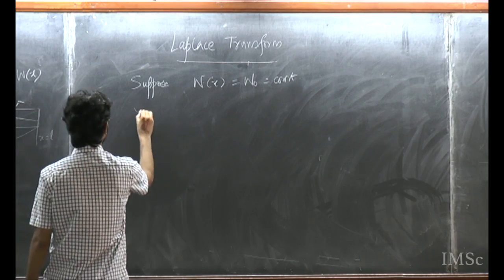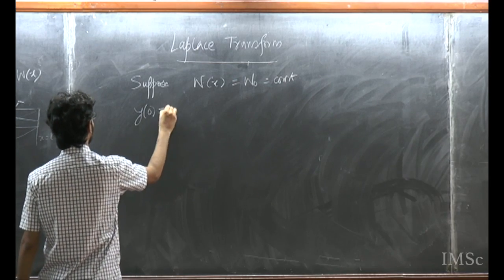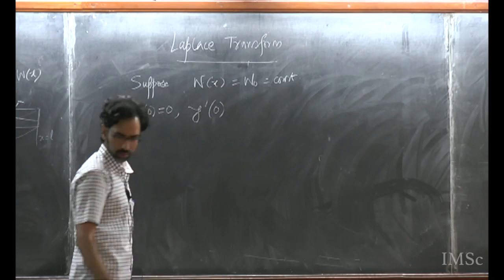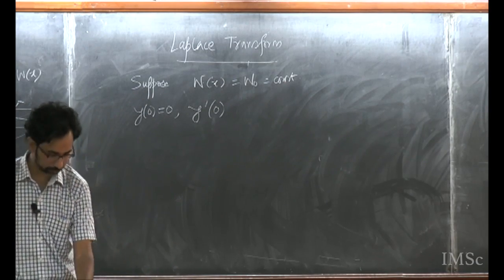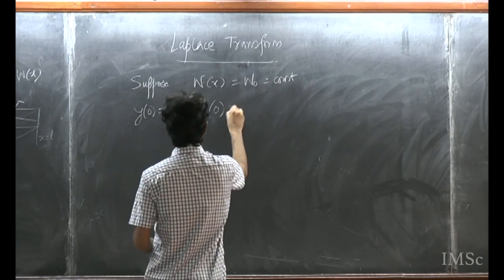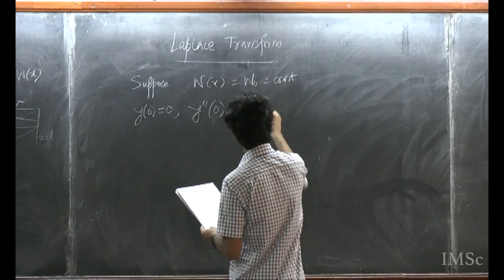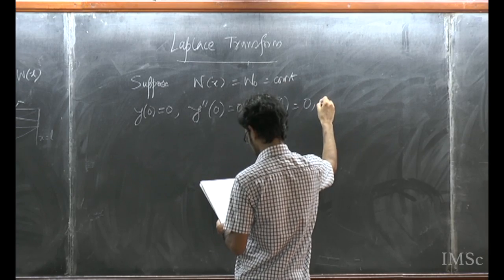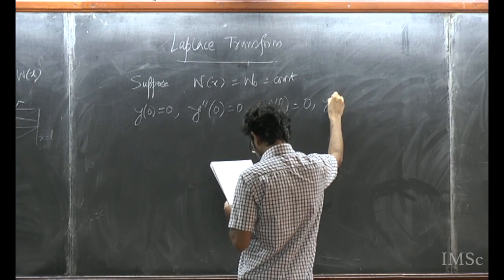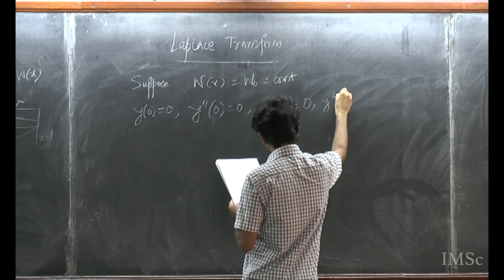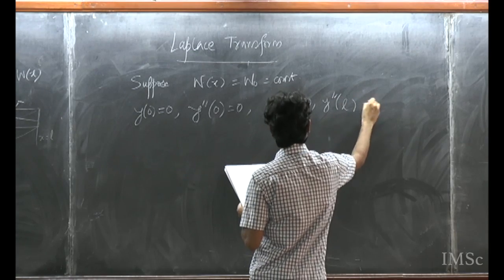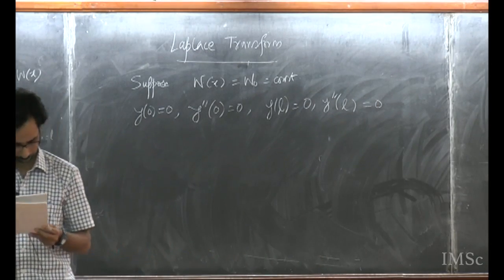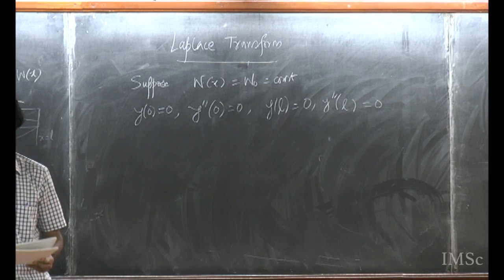And we also let y(0) equals 0, y double prime at 0 equals 0. At L, this is also 0, and y double prime at L is also 0. Okay. Yes.